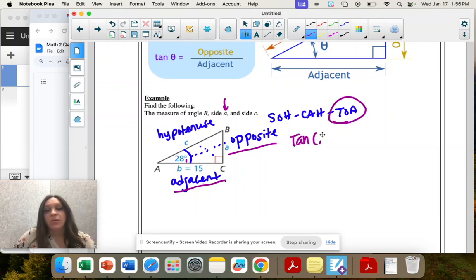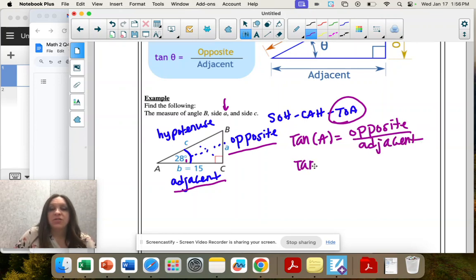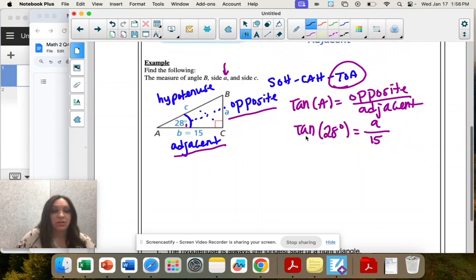Last time we just wrote our ratios, but this time we're going to throw the angles in. So the angle is 28 degrees, the opposite side is what we're trying to find, A, and the adjacent side is B. So now we have an equation, a function that we're solving.